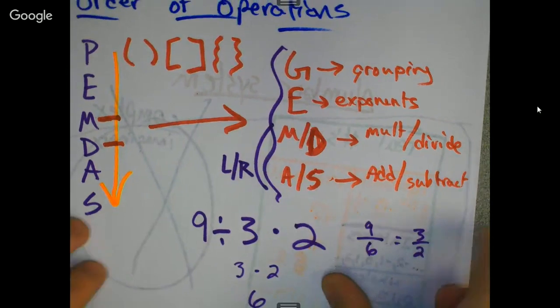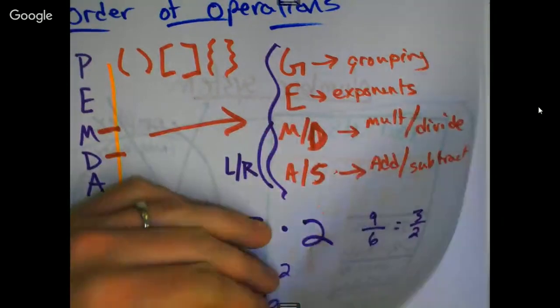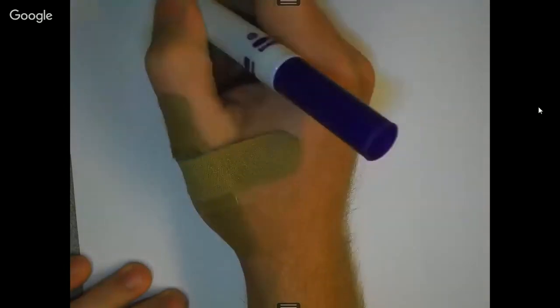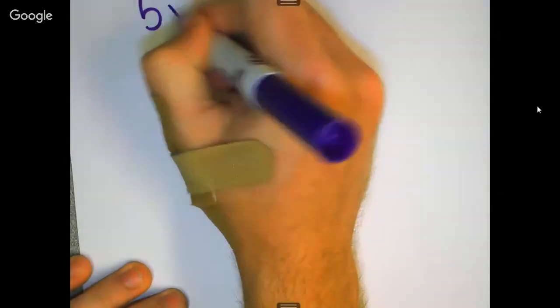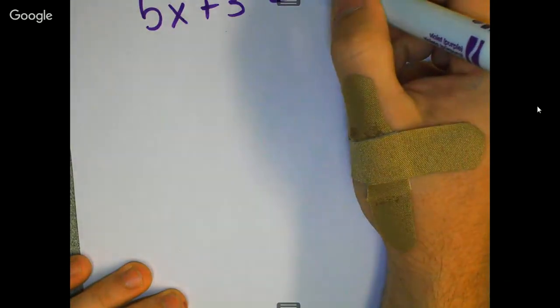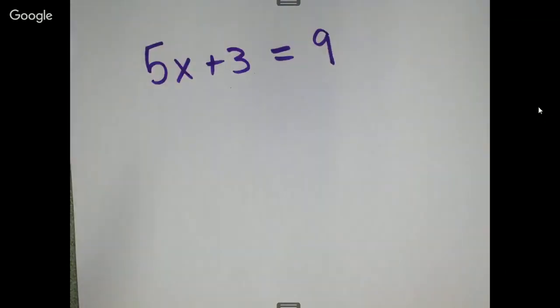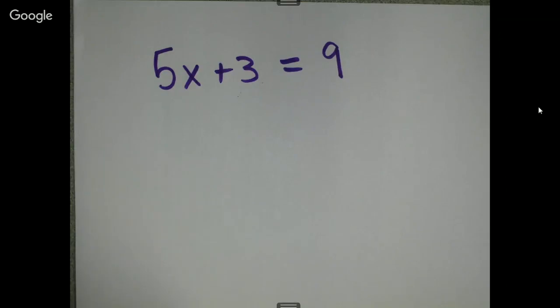We talked about expressions and equations. Okay, so let's say we have just a simple equation here. Okay, so we have 5x plus 3 equals 9. All right, so we have some parts to this equation.